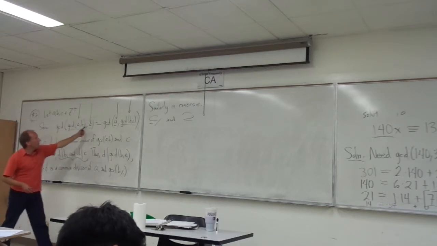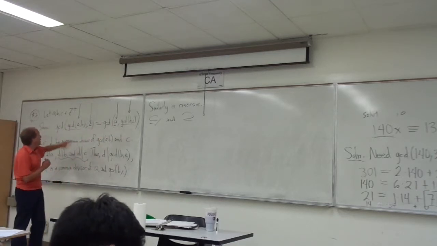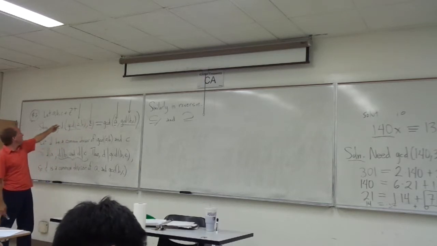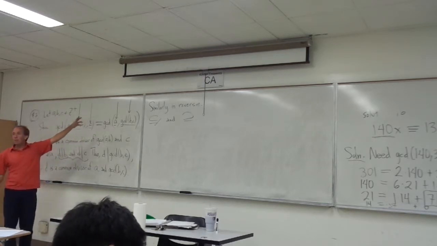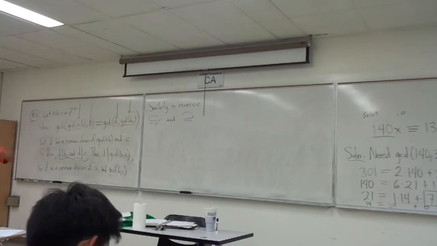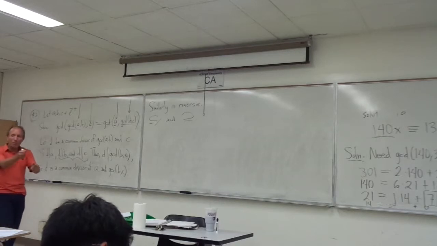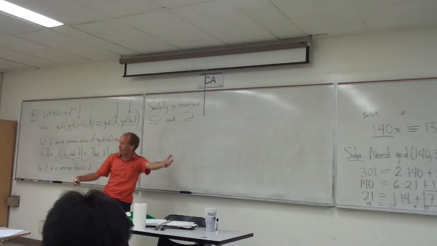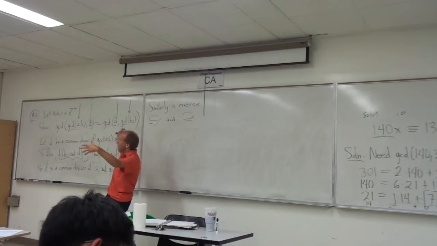Here there's a very nice symmetry between the A, B, and C. Actually, we could have written down a third statement, that this whole thing is equal to the GCD of B with the GCD of A and C. So as long as you pick one of the variables and tie it with the GCD of the other two variables, you're going to get the same GCD.